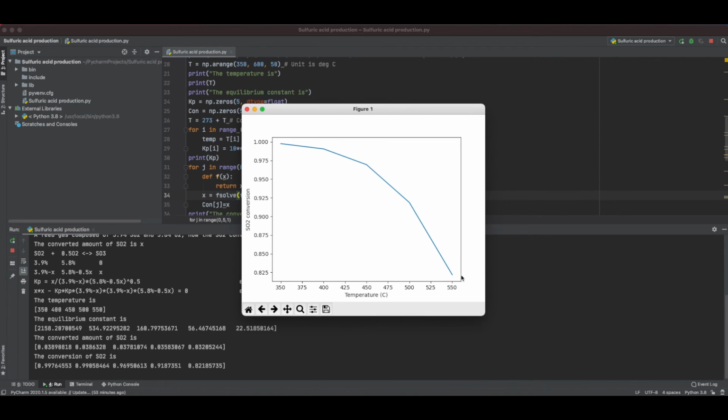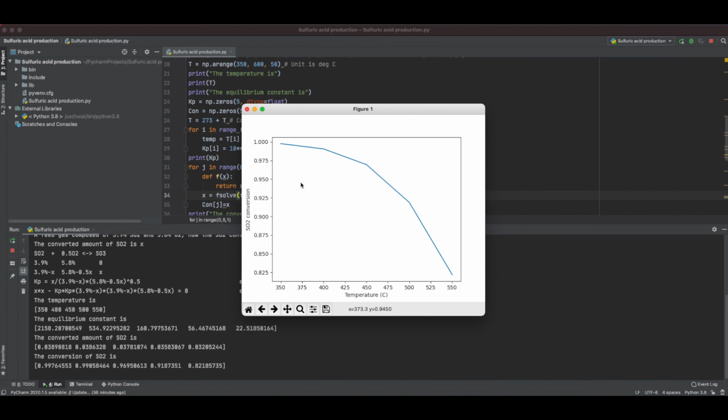When the temperature is heated up to 550 degrees C, the conversion dropped from almost 100% down to around 80%. In industry, for sulfuric acid production, in order to improve the SO2 to SO3 conversion, multiple heat exchangers are applied in order to maintain the process gas temperature within a certain window.